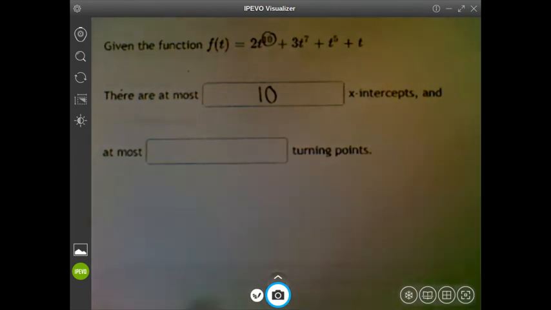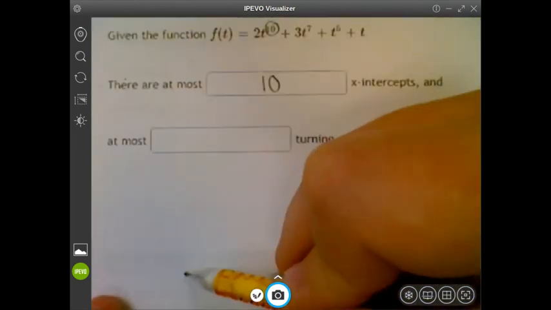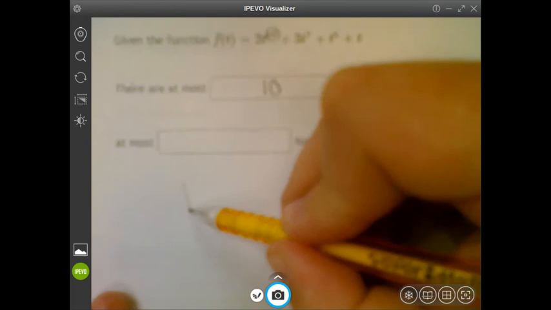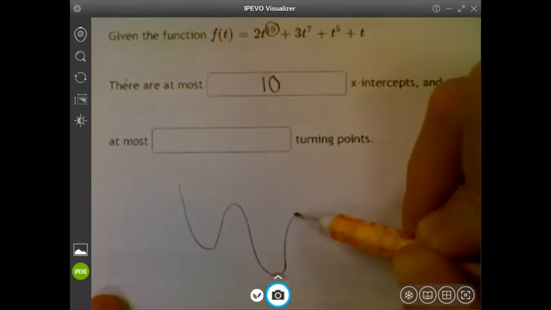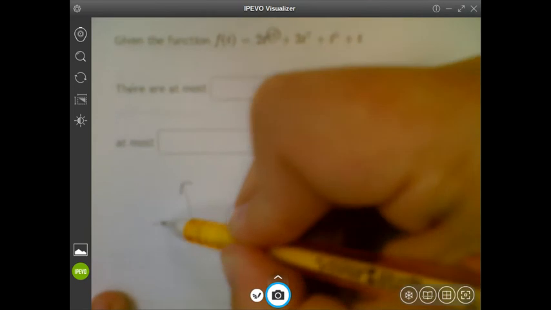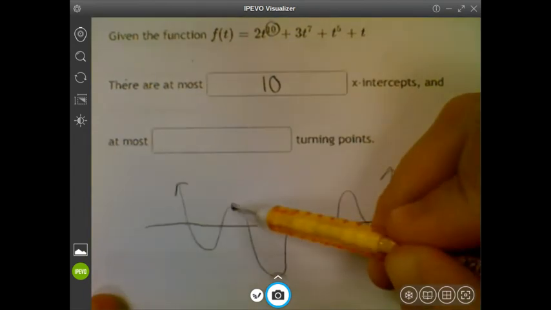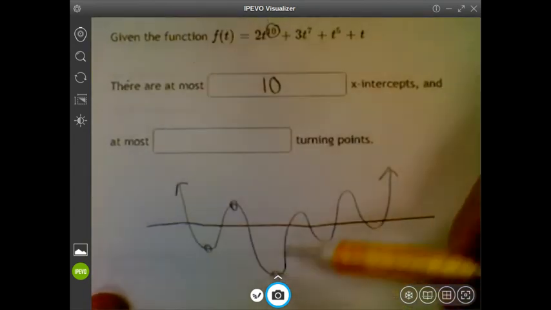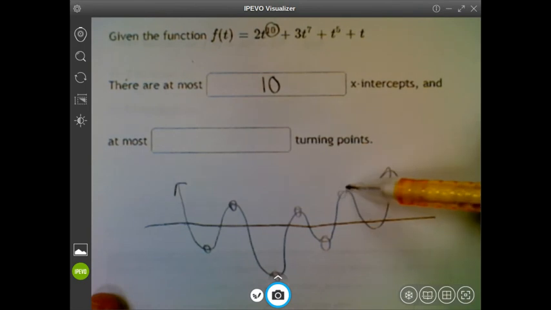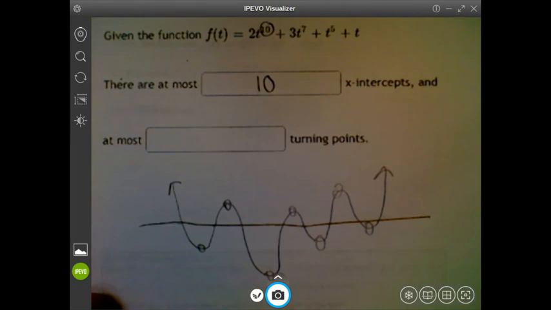The next part of this is talking about turning points. When they talk about turning points, they're talking about turning points in your graph. So for example, if this graph starts up here and it does some swivels, let's say this is the graph. We can figure out how many times it crosses the x-axis. The turning points are the maximums and minimums. How many times does the graph change direction from going positive to negative and vice versa?